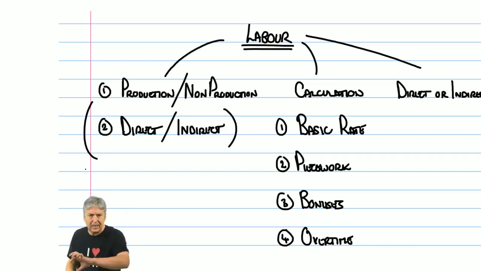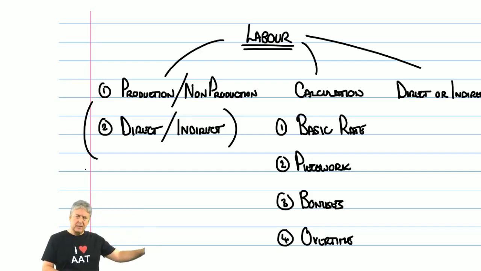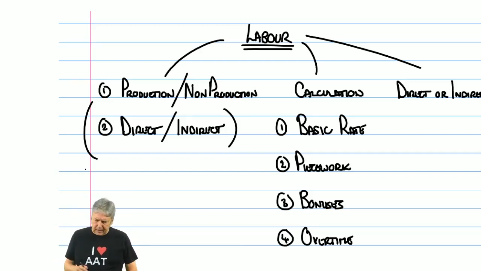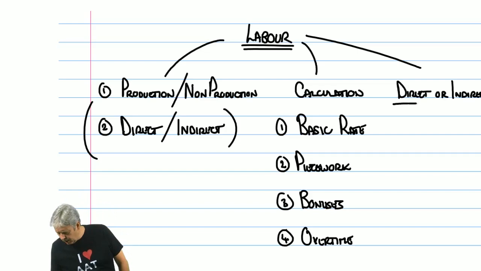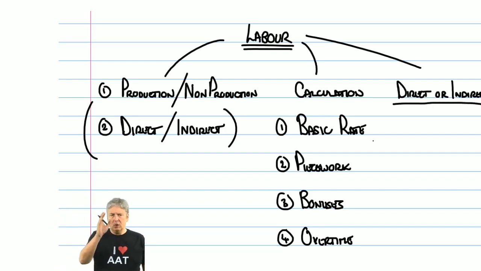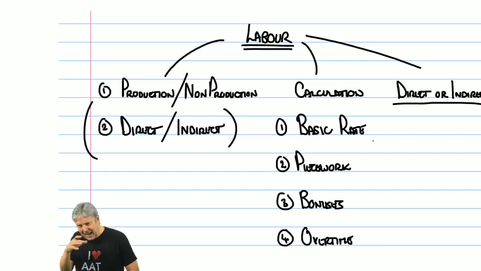We would deal with it as an overhead element. But what we have to be careful of is looking at direct labour and whether all of the direct labour costs are truly direct. So I thought we would just catch up on that before we go any further.